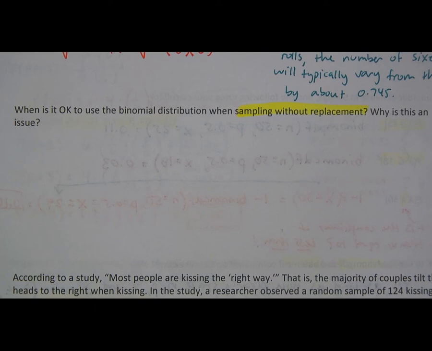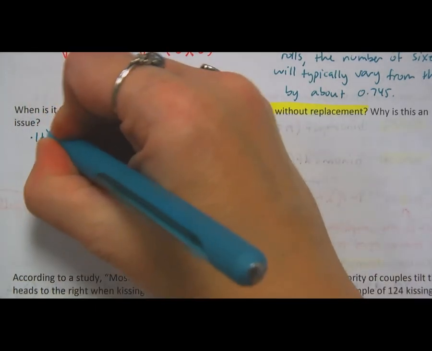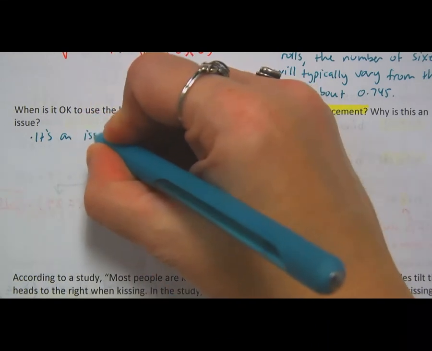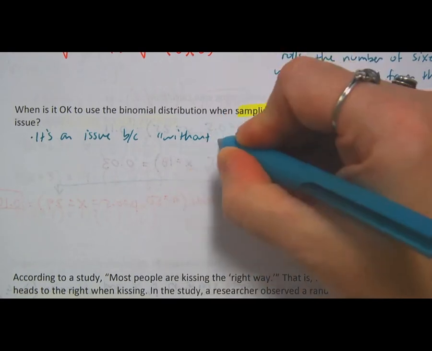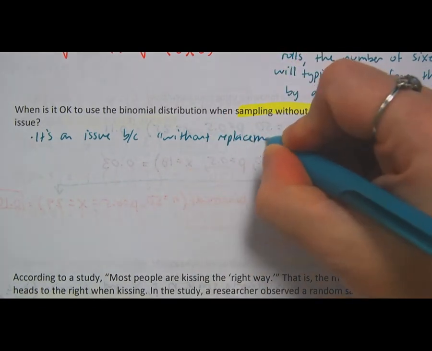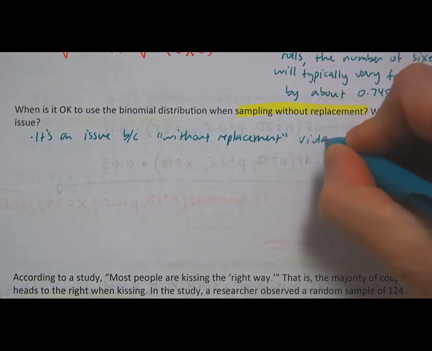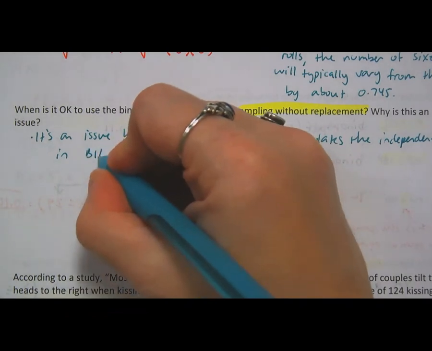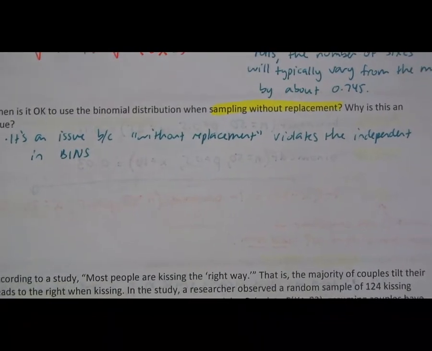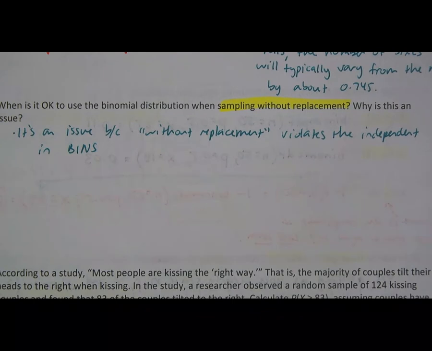So I'm going to tell you why. Okay, first things first, it's an issue because the phrase without replacement violates the independent in the acronym BINS. So you might at first glance think, reading a word problem, they're not going to replace it, they're going to do another trial, and oh no, this isn't binomial.